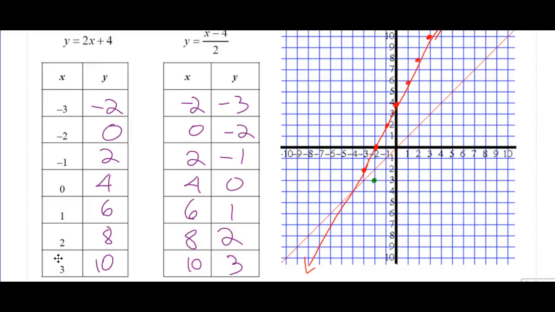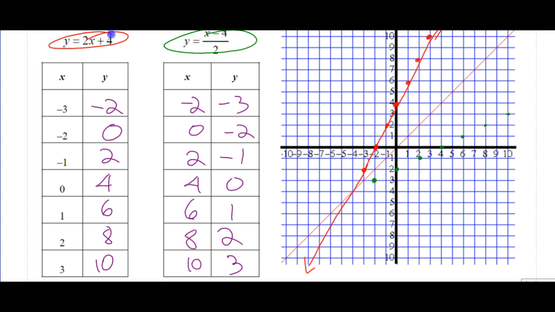Okay, so we're going to pick up where we left off. This y equals 2x plus 4 was graphed in red, and we're graphing the inverse, y equals (x minus 4) over 2. So at the points (negative 2, negative 3), (0, negative 2), (2, negative 1), (4, 0), (6, 1), (8, 2), (10, 3).